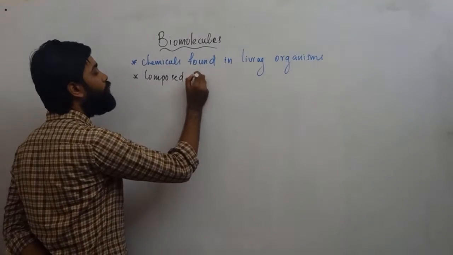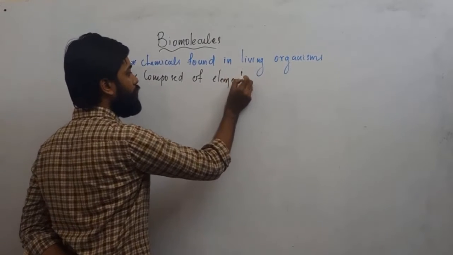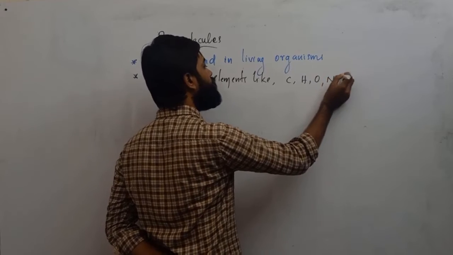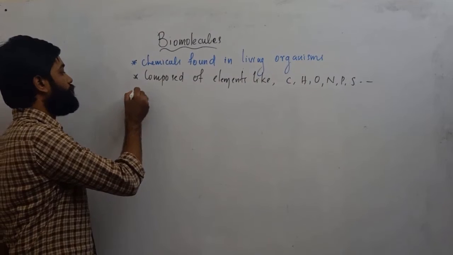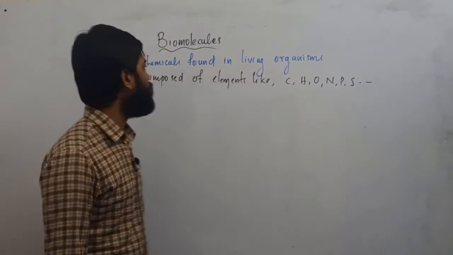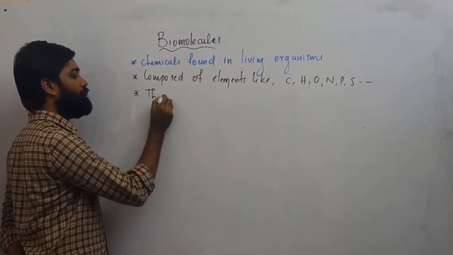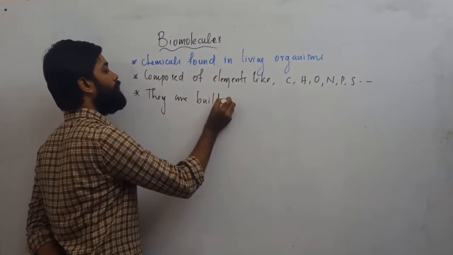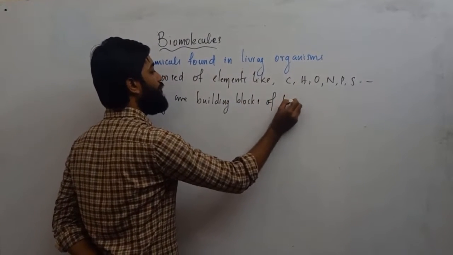It is composed of elements like carbon, hydrogen, oxygen, nitrogen, phosphorus, sulfur, etc. And they are the building blocks of living organisms.